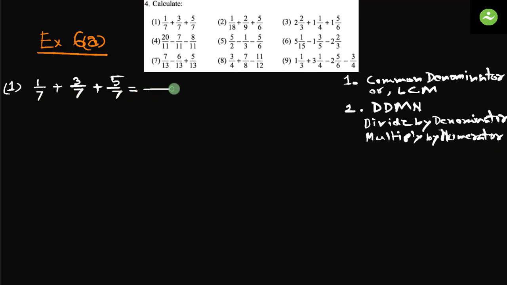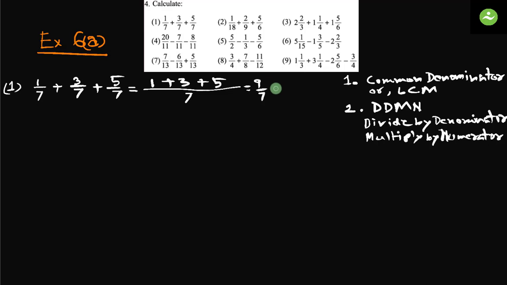7. When all are the same, we don't need to think much. It is 7. Just add or deduct whatever. 1 plus 3 plus 5 equals 9 by 7.